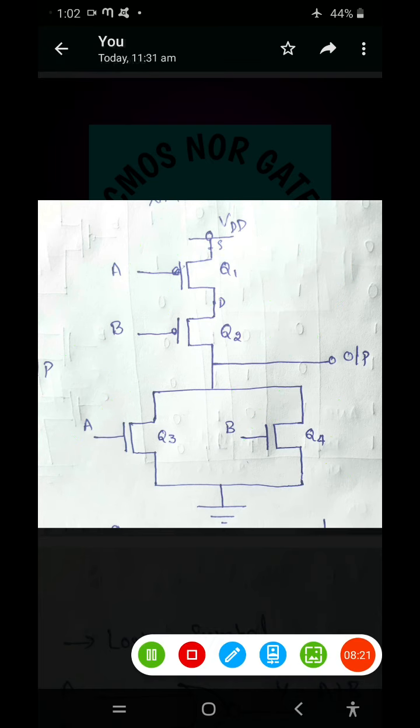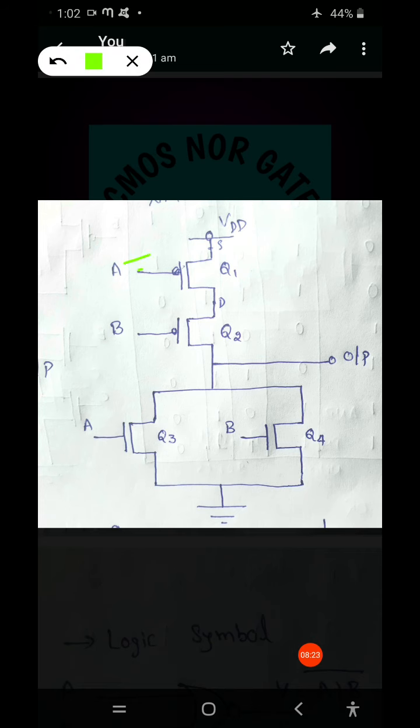So next, the fourth and last condition, A equal to 1 and B equal to 1. Then what will happen now? Here also A equal to 1, B equal to 1. So whenever we apply 1, Q1 will be off and Q2 will be off because they are PMOS transistors. Here Q3 will be on and Q4 will be on. So the output is connected to ground here, so the output will be equal to 0.